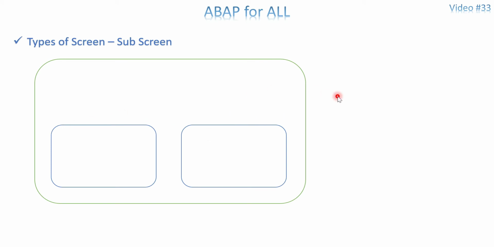You have a component called subscreen area. It's like your text box, push button, and in that list you have a component called subscreen area. So you decide a place and keep the subscreen area along with a name for it, like S1, S2, S3, whatever name, depending on your naming convention. So that is the first step.